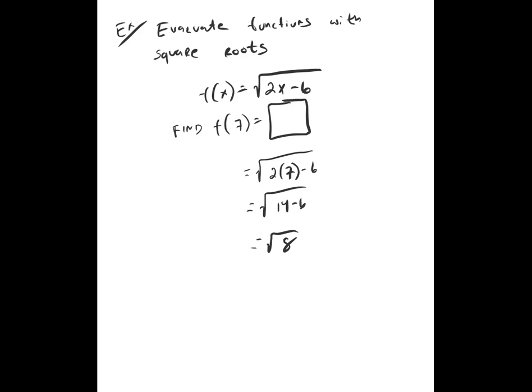You should be able to input this in your calculator and also get a decimal. We get something like 2.828. Let's round to the hundredths: 2.83. So a nice example of evaluating functions with square roots.